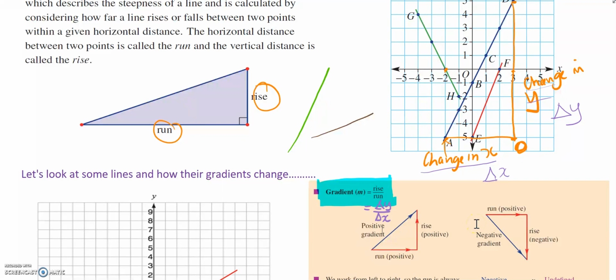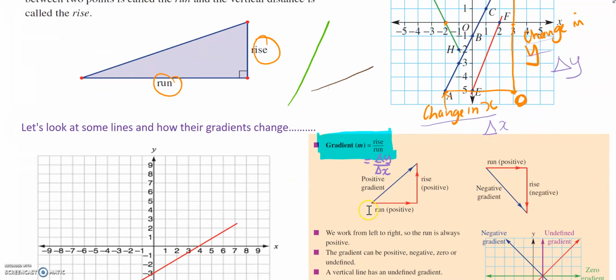Now, you can either have a positive gradient or a negative gradient. If you have a look at these two lines, the first one is a positive gradient and the second one is a negative gradient. Can you think about why that's the case? Why is that a positive gradient and why is that a negative gradient? I know you got it.